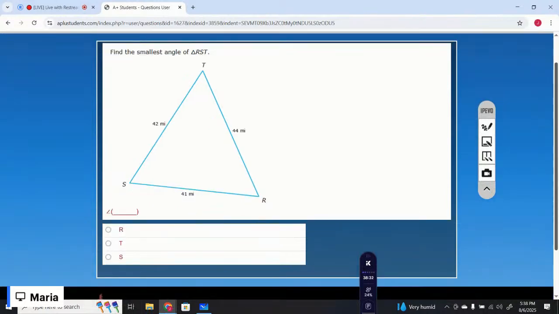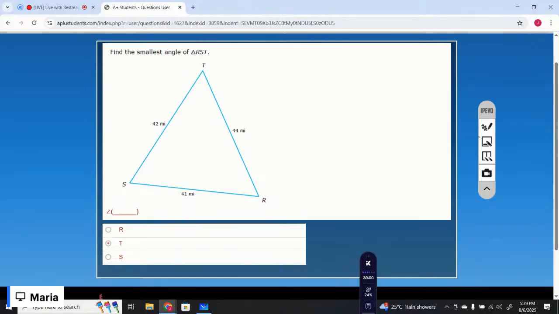Find the smallest angle of triangle RST. The smallest side length is SR. So T is the smallest angle.